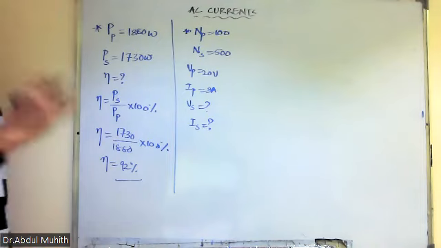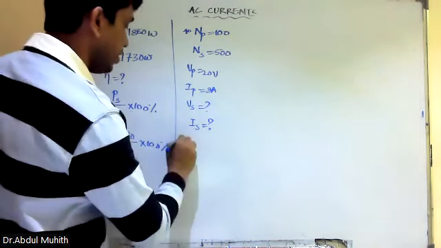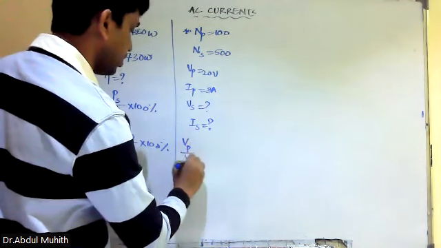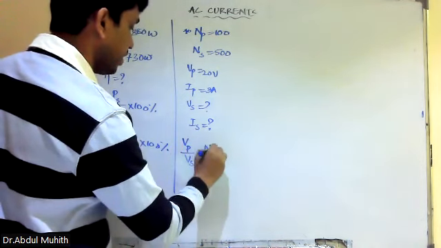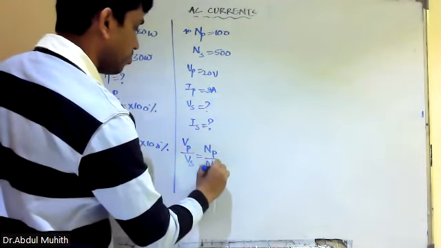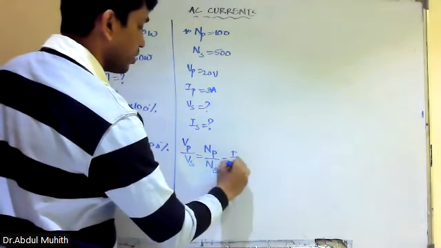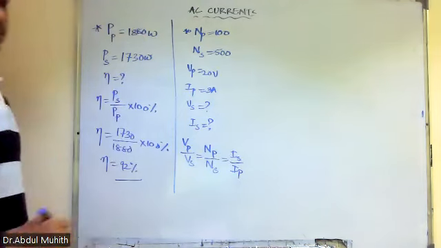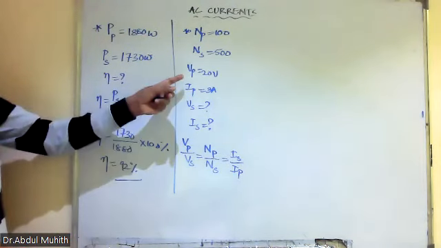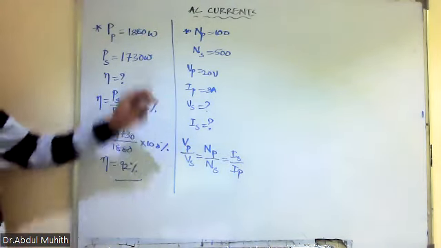So we'll quickly go back to our formula. What was our formula? Vp by Vs is equal to Np by Ns is equal to Is by Ip.